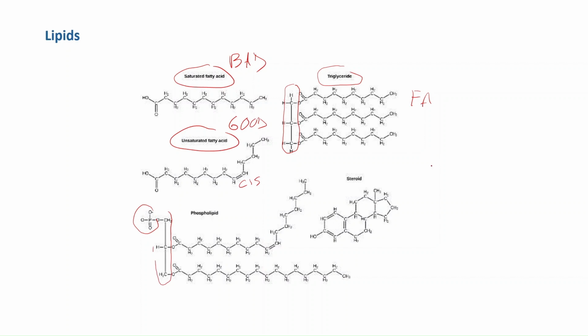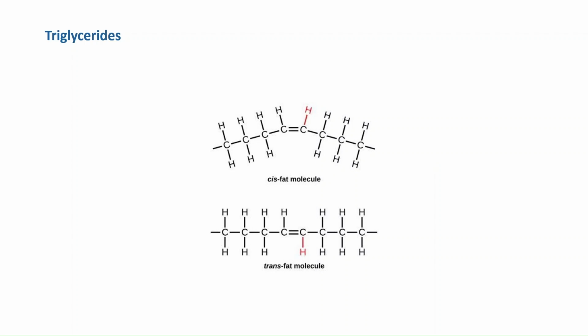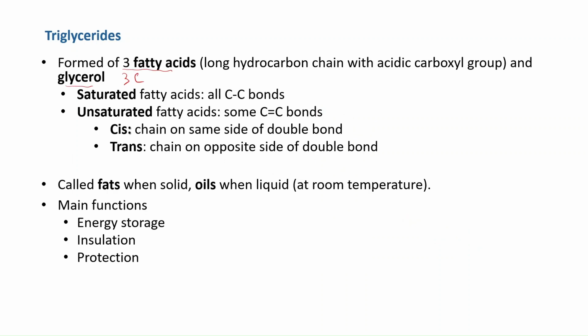But if you have a trans, and I don't know if I have a picture someplace, yes, you can see the cis, there is a curve, but with the trans, there's really no curve. It continues like this, continues like that. So there's a bit of a kink, but not enough. Trans fatty acids are very, very similar to saturated, so they're just as bad for your health. Okay?